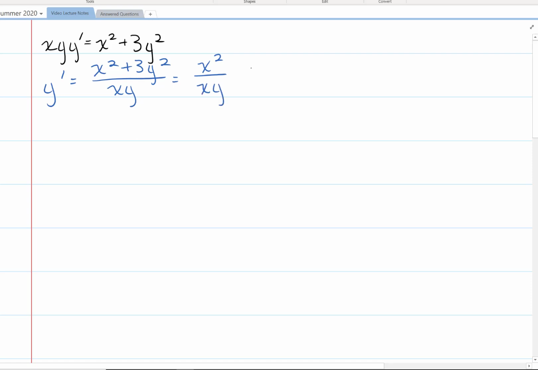So we can break this fraction up like this, and this then is going to become x over y plus 3 y over x. And so there we go.